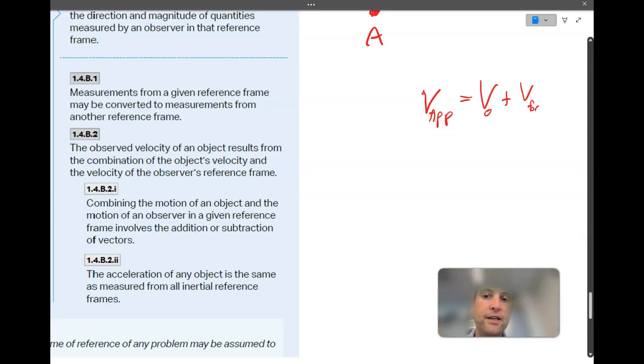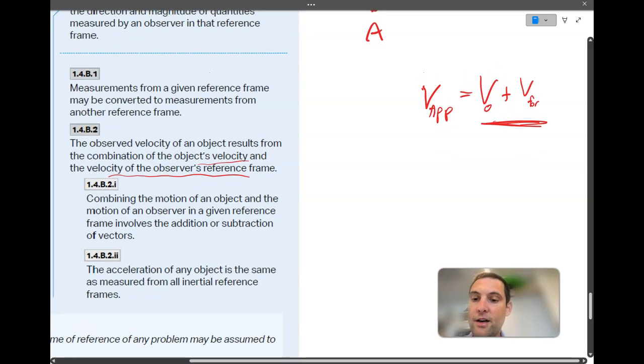And you can use that to bounce between the frames of reference, either for the object, where things in an inertial frame of reference are not accelerating, or from the side of the road, watching the car drive by. The observed velocity of an object results from the combination of the object's velocity and the velocity of the observer's frame of reference.